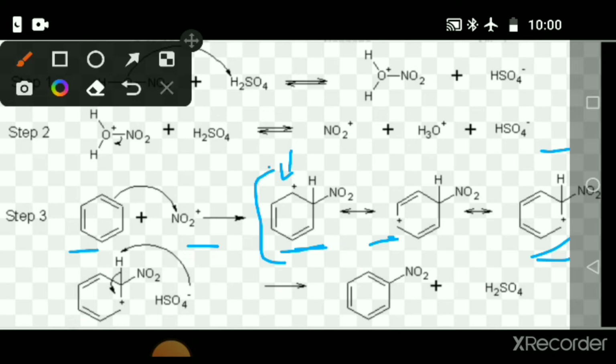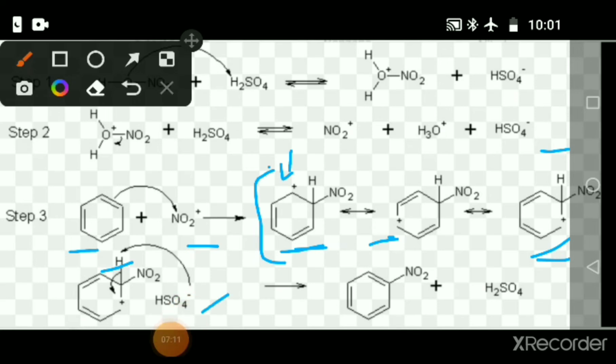After that, the third step of electrophilic substitution reaction, the removal of a proton from the intermediate, takes place. Here one hydrogen is removed from the benzene ring by HSO4, which gets stabilized as H2SO4.